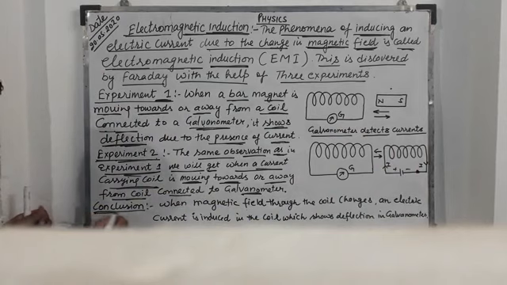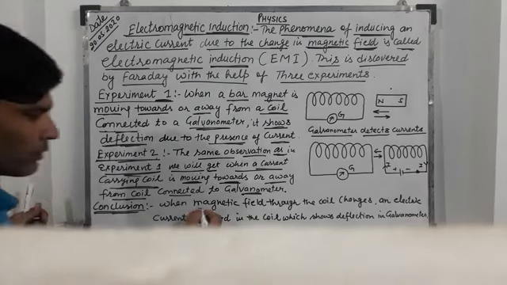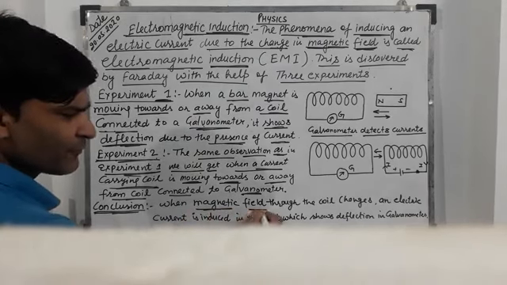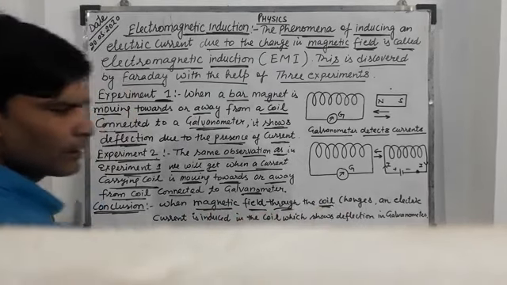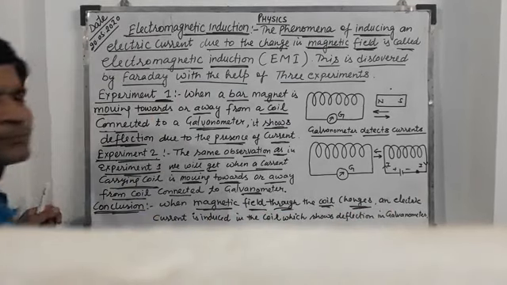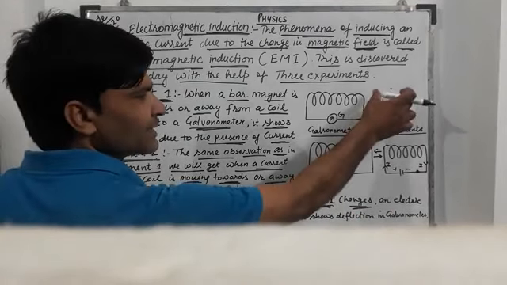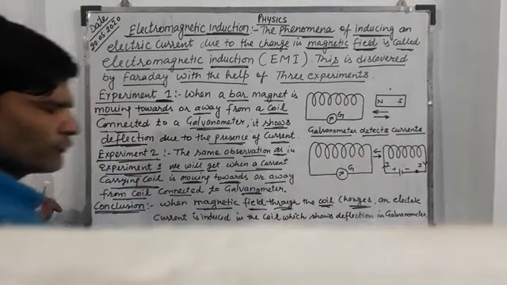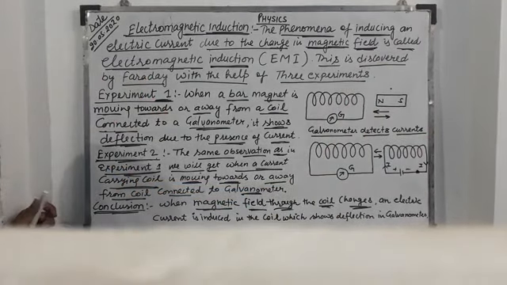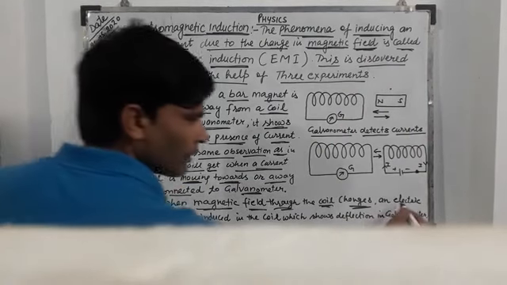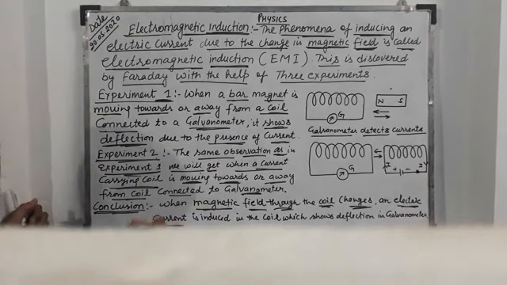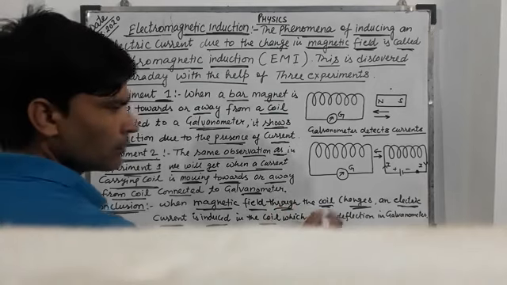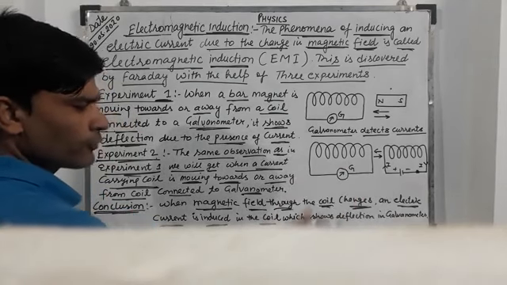Now the conclusion of these experiments is that when the magnetic field through the coil changes, due to the presence of a bar magnet or a current carrying coil or solenoid, an electric current is induced in the coil connected to the galvanometer.